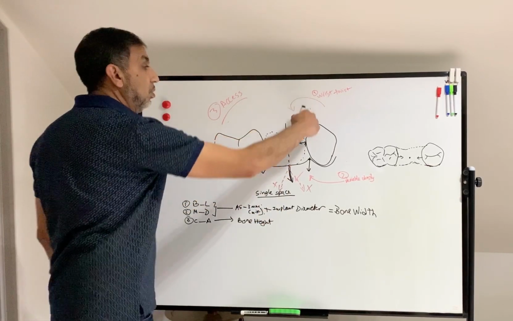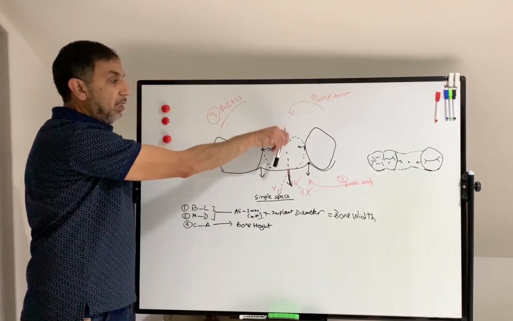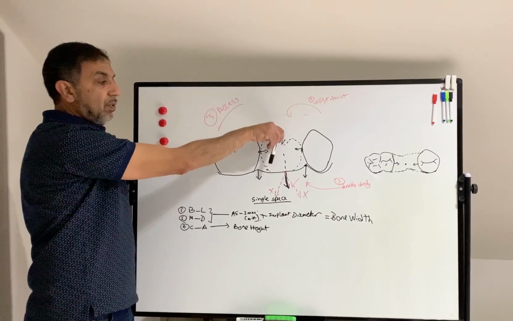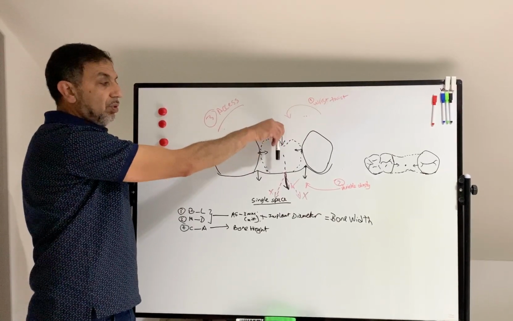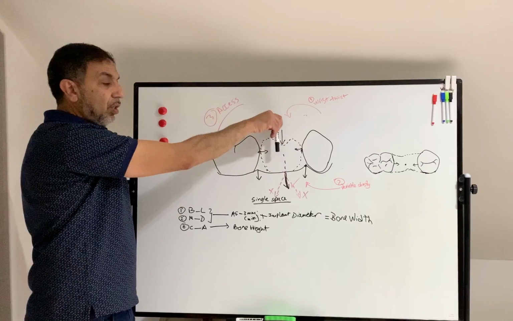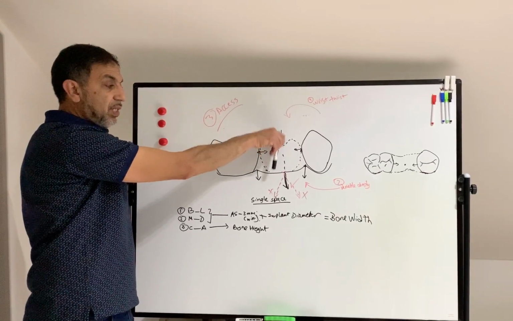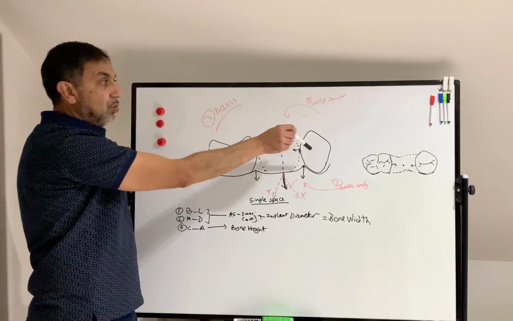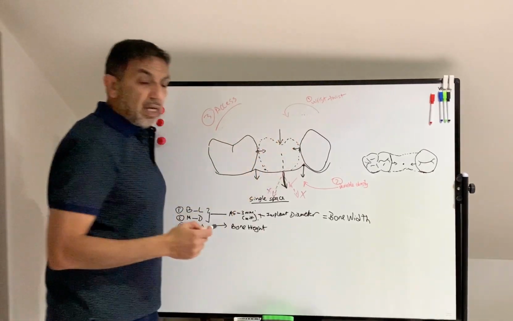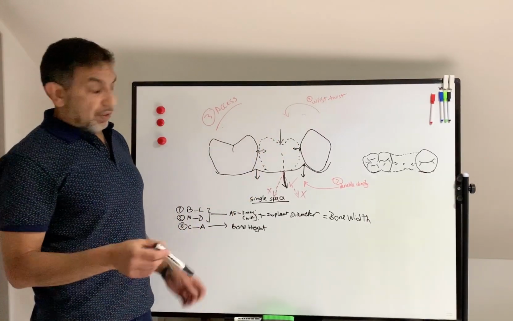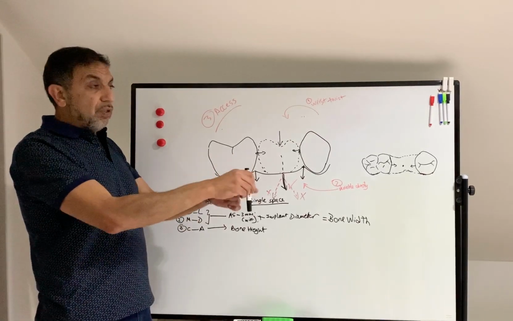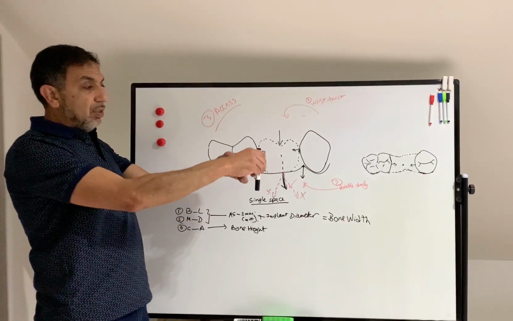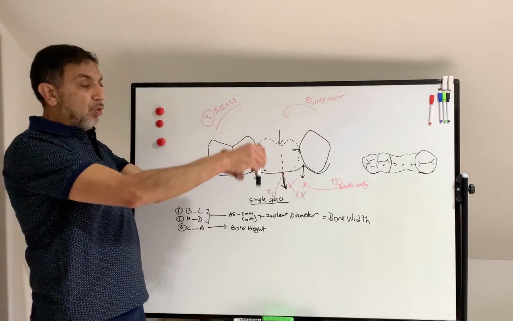So when your wrist is twisting, the trajectory of the apex of the drill will go medially or distally. It depends where you're coming from. So first is the wrist twist. How to get over that? First of all, you have to hold the handpiece and support your hand with two hands.